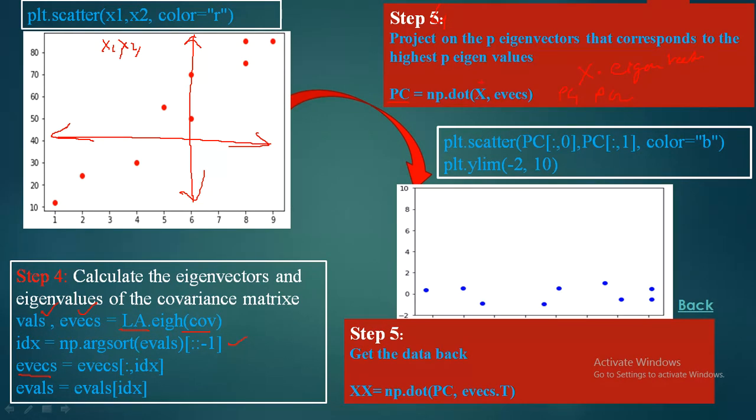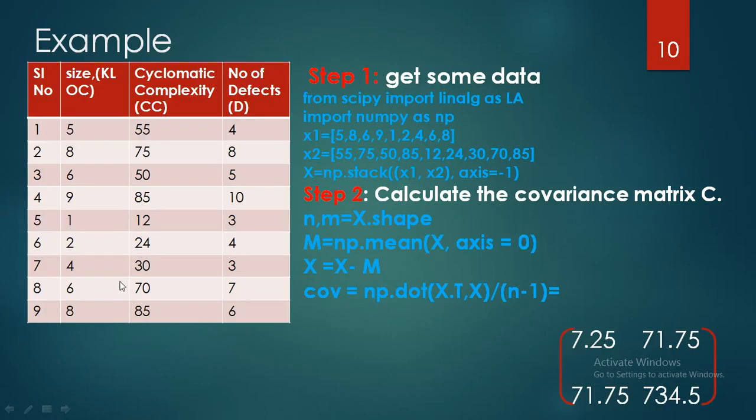Now after computing the principal components, let us say here the variance with respect to x1 is 7 point something, and the variance with respect to x2 is how much? Okay, 734.